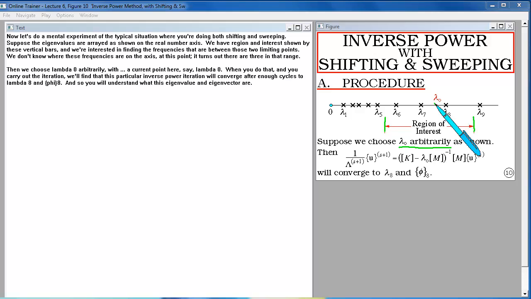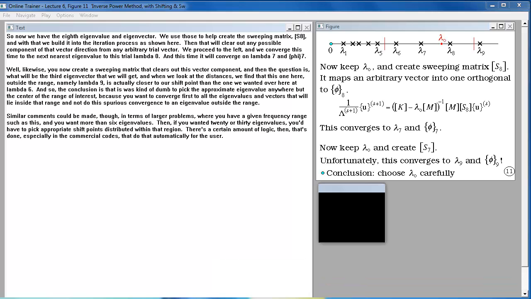When you do that and you carry out the iteration, you'll find that this particular inverse power iteration will converge after enough cycles to lambda 8 and phi 8. And so you will understand what this eigenvalue and eigenvector are. So now we have the 8th eigenvalue and eigenvector.